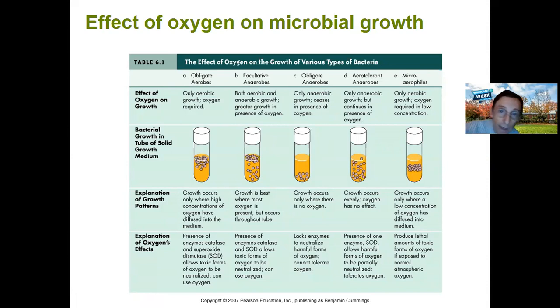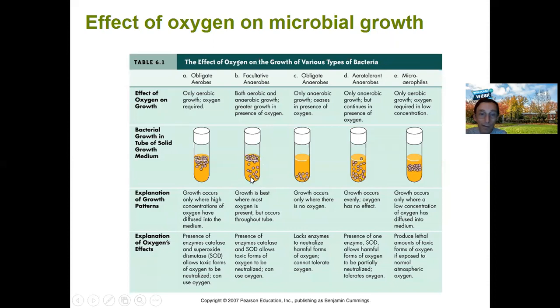A facultative anaerobe is an organism that can perform aerobic respiration, and it will when it can because it makes more ATP from aerobic respiration. So it will have most of its growth at the top of the tube. But as you go down the tube, you'll get less and less growth because there's less and less oxygen.